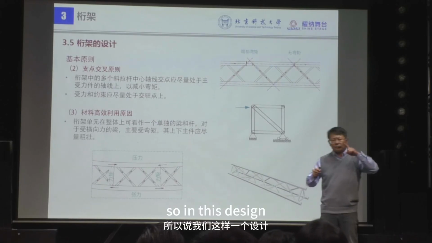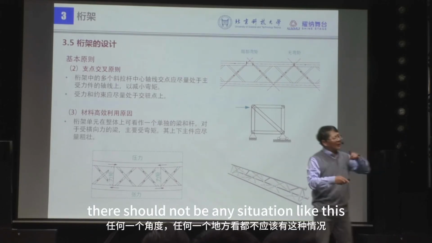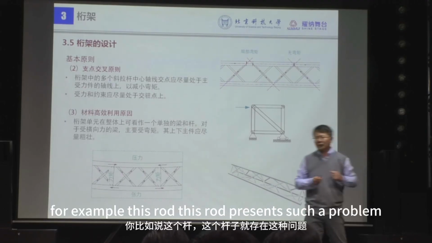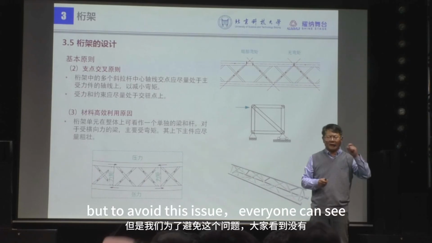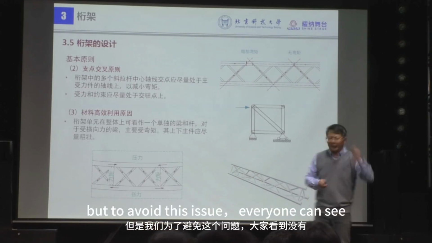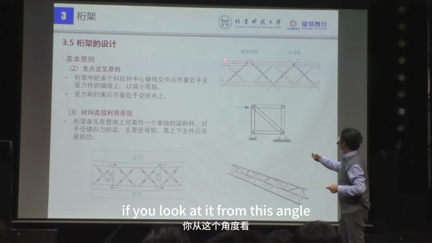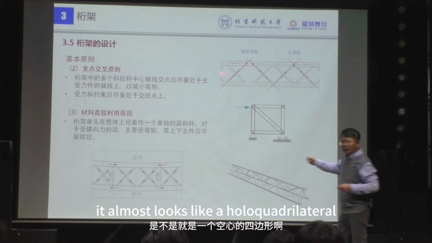So in this design, there should not be any situation like this from any angle or position. For example, this rod presents such a problem. But to avoid this issue, everyone can see this area has been reinforced. If you look at it from this angle, it almost looks like a hollow quadrilateral.